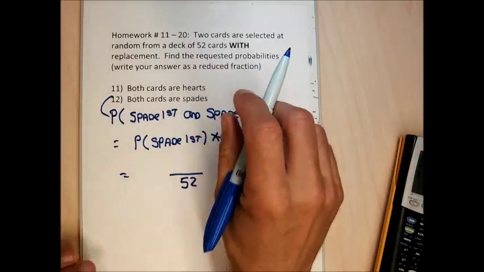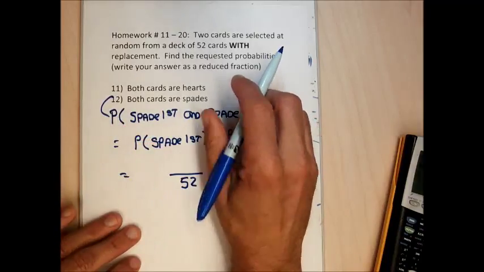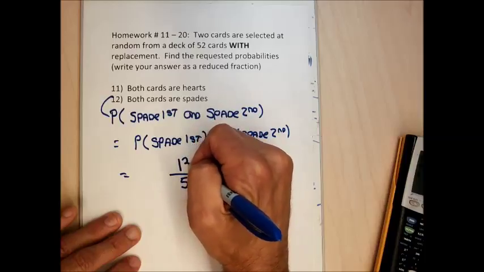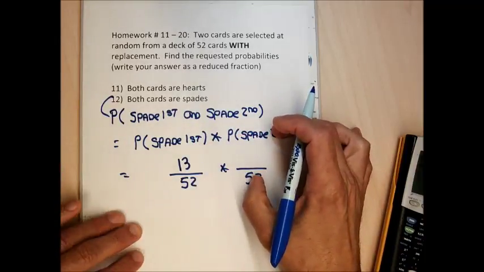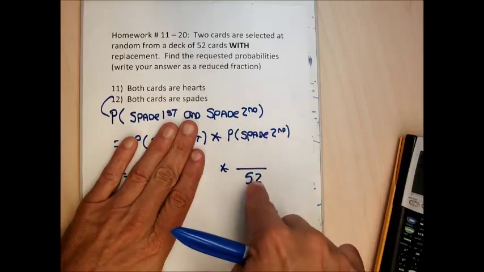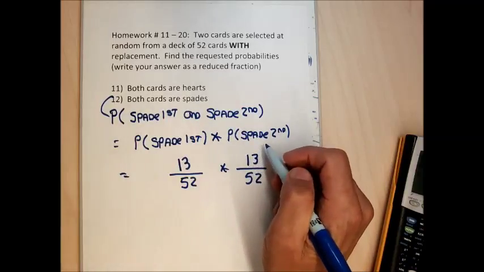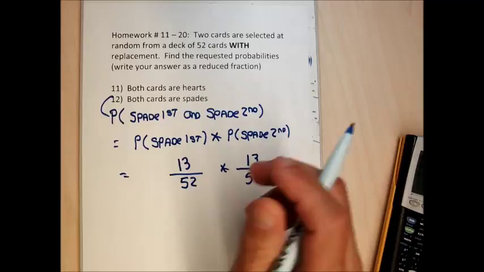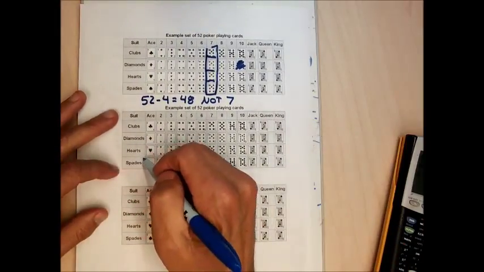For the first fraction, the numerator needs to be the number of spades in a deck of 52 cards, and that's going to be 13. For my second fraction, I'm ignoring the first probability, and I'm picking a spade from a deck of 52 cards again. Both of the numerators are going to be 13, because for both probabilities, I'm picking from all 52 cards.